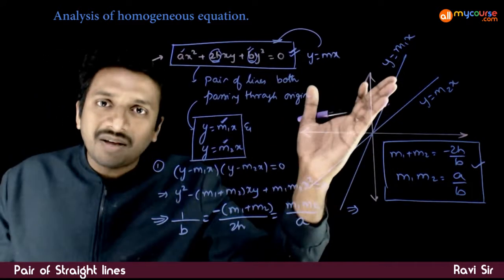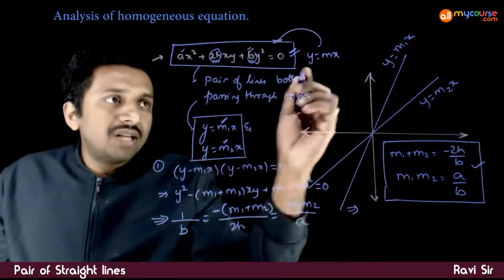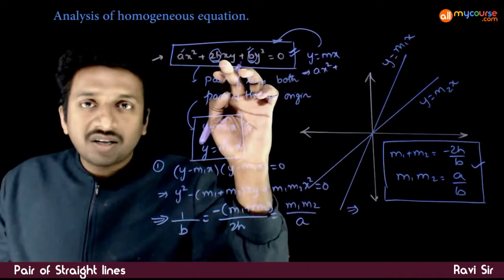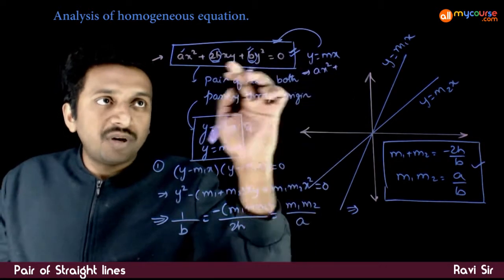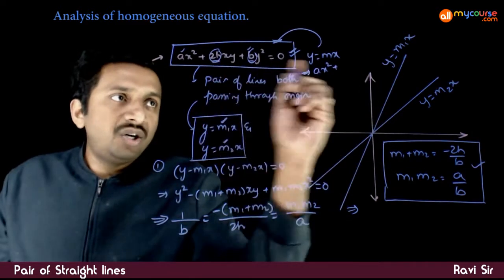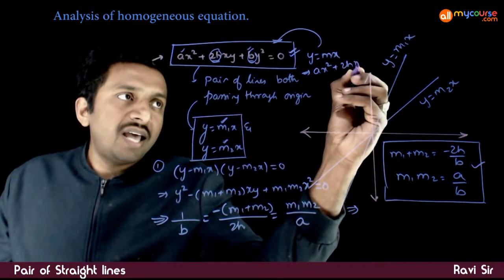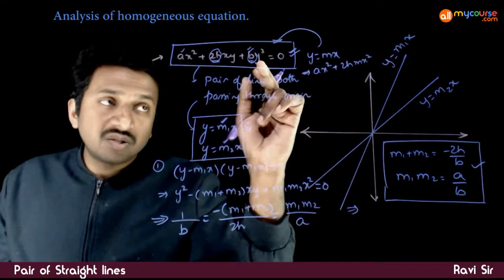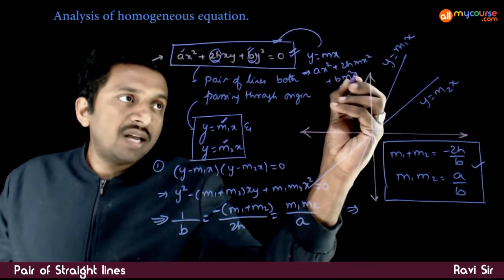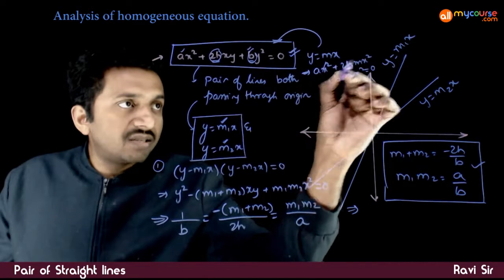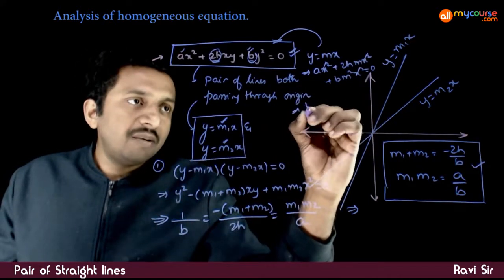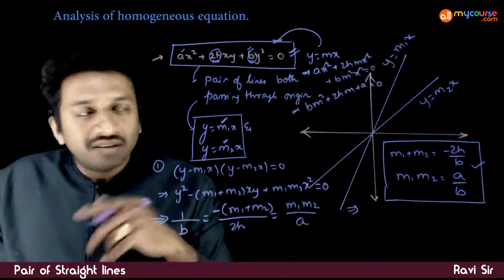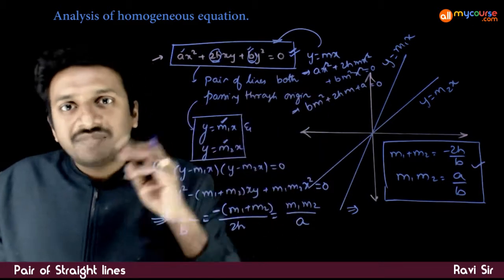So that means you get ax square plus, in the place of y if you put mx, you get 2hmx square, and in the place of y you get mx, so this becomes m square x square, so plus bm square x square is equal to 0. So this x square gets cancelled, so you get bm square plus 2hm plus a is equal to 0. So this is the quadratic which m satisfies.